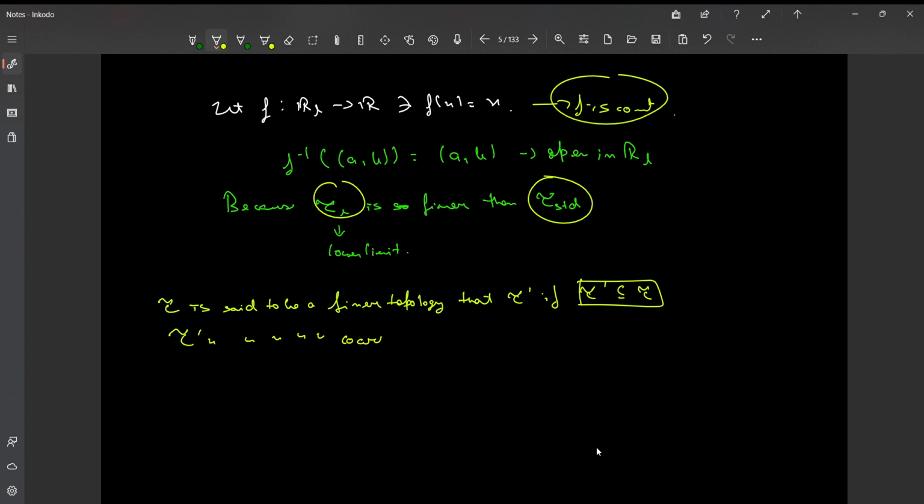So tau dash is said to be coarser than tau if tau contains tau dash. So the subset is coarser and the superset is finer. That's the precise logic. Okay.